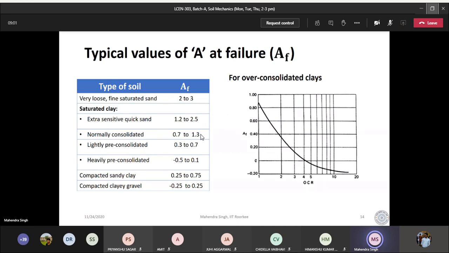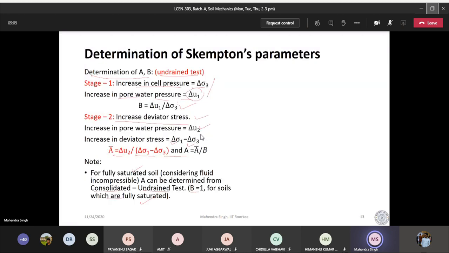Now parameter A may be negative also. Here A is how much change is occurring in pore water pressure due to change in deviator stress. So it depends on whether the soil is dilative or contractive in nature.